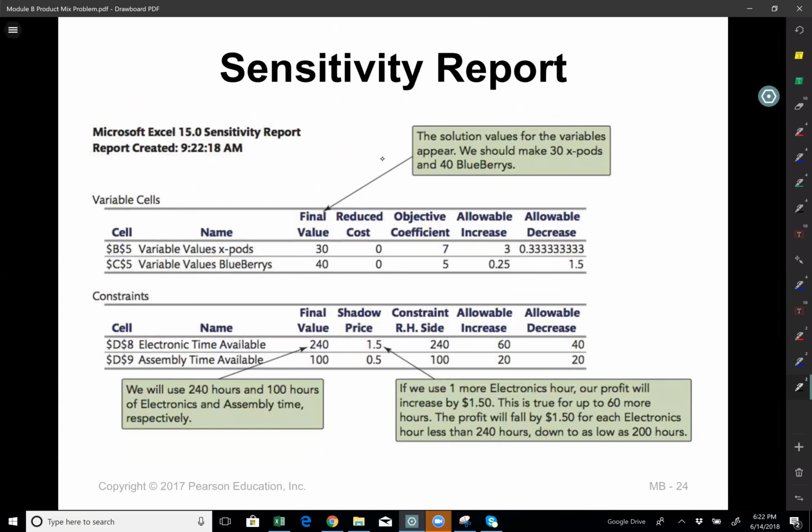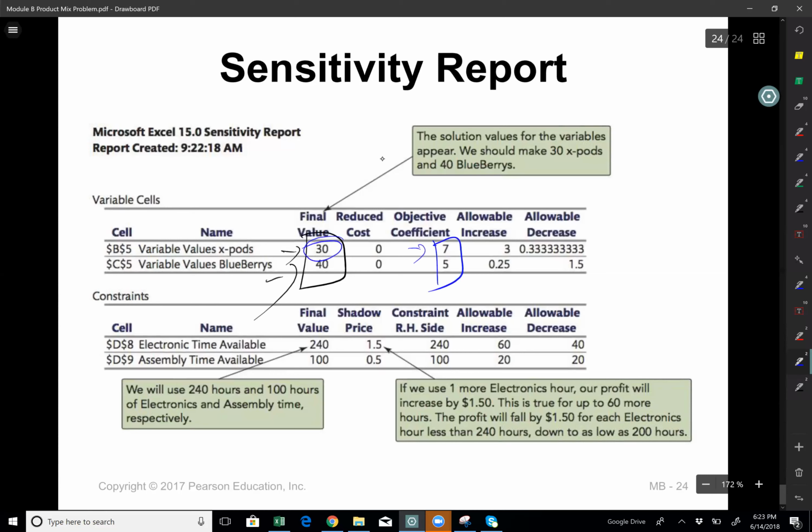So after I run my model, this is an Excel Solver solution. You can see here, these are the final values. It means it produced 30 XBots and 40 blueberries to make the highest profit. You can see the objective function, which is profit, coefficients right here. For every unit of XBots I produce, I make $7.